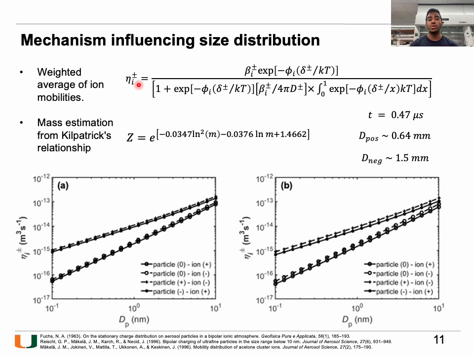And for this, we used this first equation given right here, which was derived from Fuchs theory. And for this, we mainly needed two parameters: the weighted average of ion mobilities and the mass of these ions. The weighted average, we obtained from the size distribution, which we scanned using the high resolution DMA earlier. And for mass estimation, we used the following Kilpatrick's relationship.